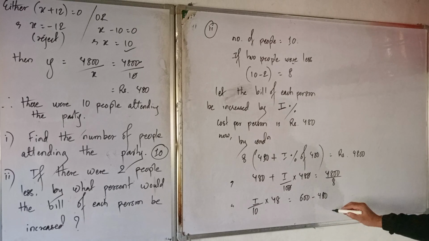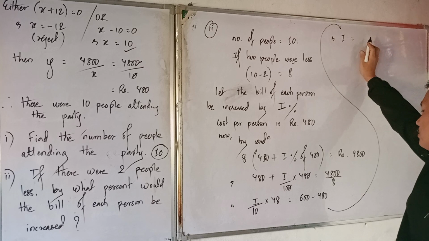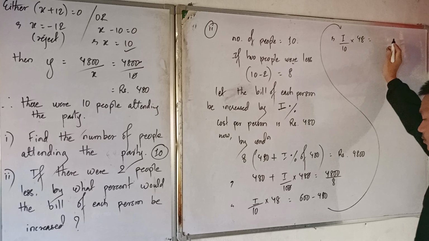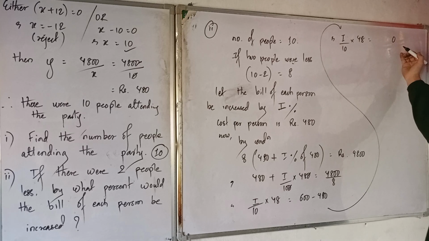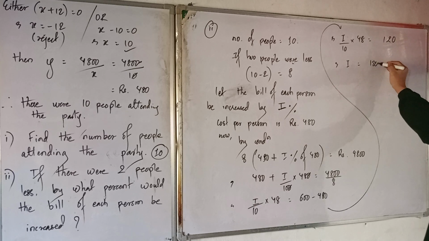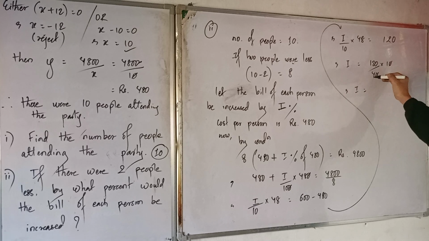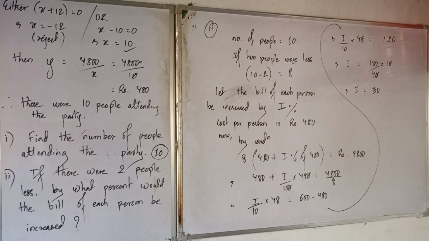So now on further simplifications, you will get i by 10 into 48 is equal to 600 minus 480, which is 120. i is equal to 120. 48 goes to the denominator and 10 to the numerator. i is equal to, you just cancel this, 4 3s are 12, 30. Yes, this is the answer. So the cost of each person has to be increased by 30%.